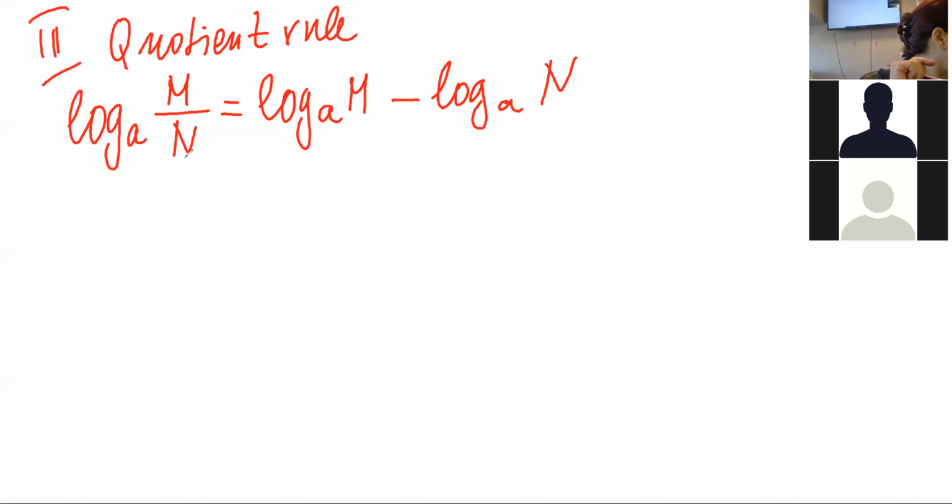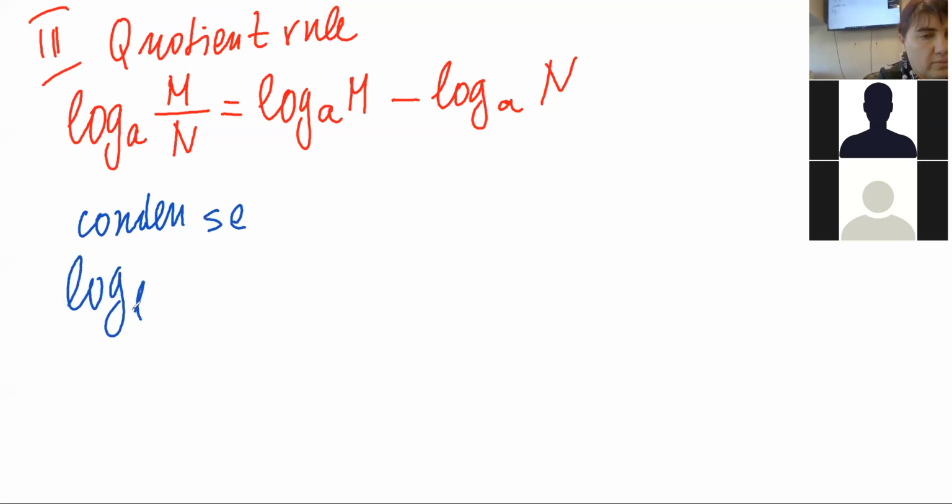So let's do a single example. Let's not overdo it. Express as a single logarithm. So I need to condense this: logarithm with base B of 64 minus logarithm with base B of 16.